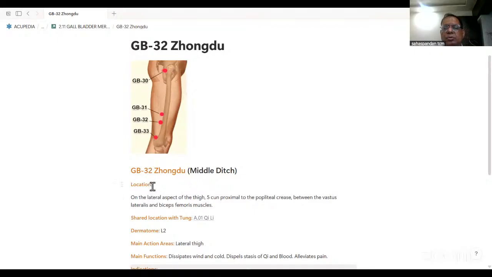Okay, so this is the GB32, 5 lateral from the lateral corner of the patella, lateral end of the popliteal crease. Okay, behind your knee.